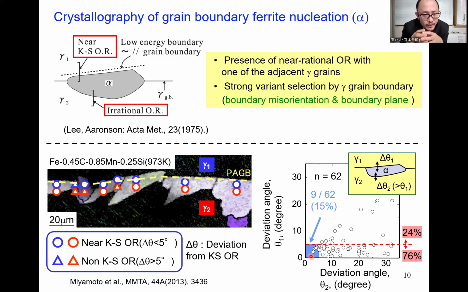So according to that analysis, it is clear that grain boundary ferrite is surrounded by near case interface and non-case interface in many cases. So difference in orientation relationship means the interface atomic structure is different.